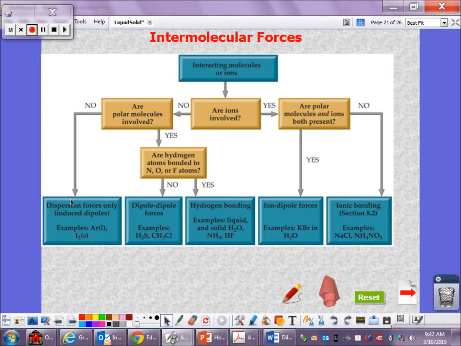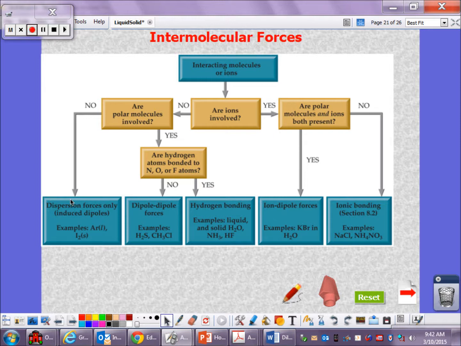Now there is a special case of dipole. It is a very, very strong dipole. It is very special. It exists only between hydrogen of one molecule and oxygen, fluorine, or nitrogen of the adjacent molecule. This is a very, very strong type of dipole. That's what makes water behave so strangely compared to all the other substances, because it has hydrogen bonding.